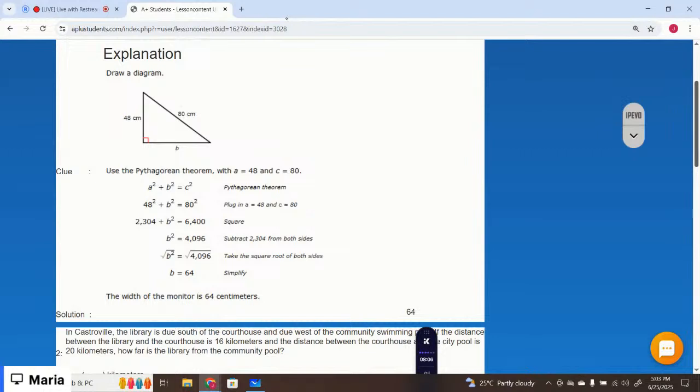C is the hypotenuse, so the square of the hypotenuse is equal to the sum of the squares of the other sides, right? But here we are given the hypotenuse, we need to find b. So we have a squared is 48 squared plus b squared equals 80 squared. So b equals 64. Let's just do the calculation of b.